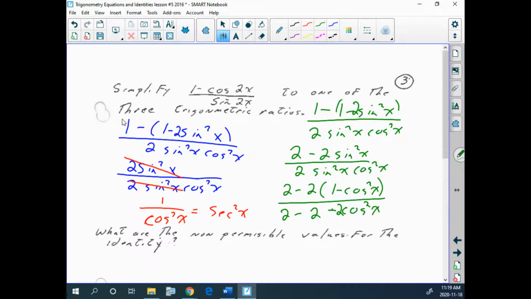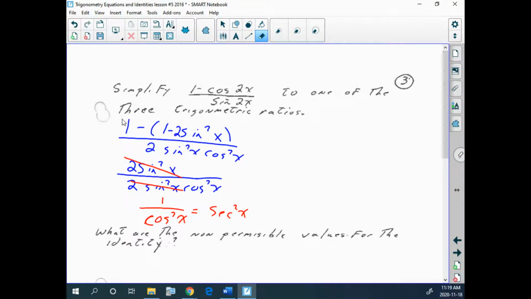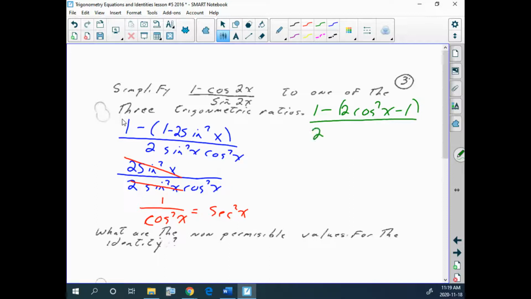Yeah, it's leading me down the wrong pathway. Oh, never mind, because I went the wrong way. Never mind. Okay, sorry. Do this. 1 minus 2 cos squared. When people make silly mistakes like I just did, kind of annoying. Here we have, because we already did that other one, 2 minus 2 cos squared x.